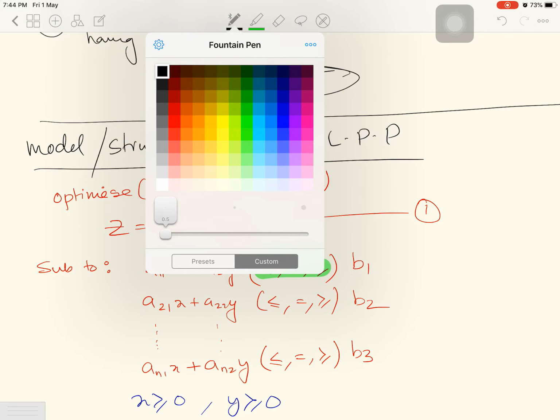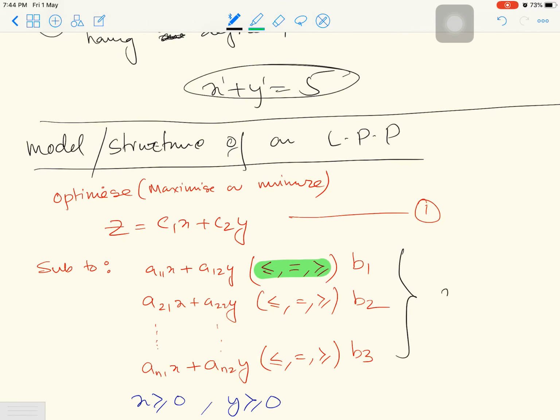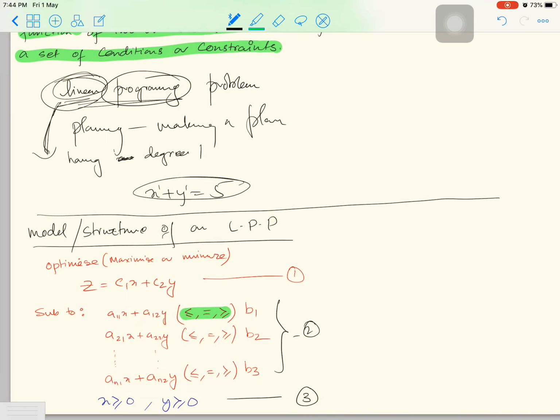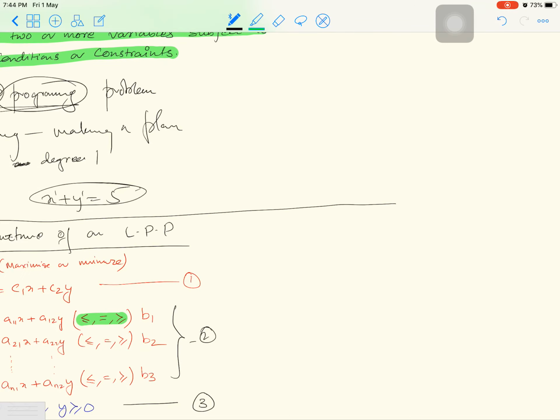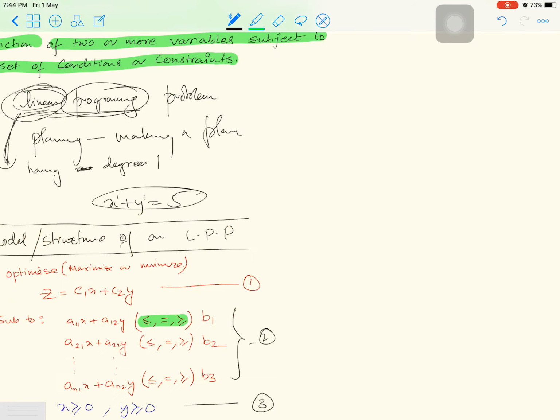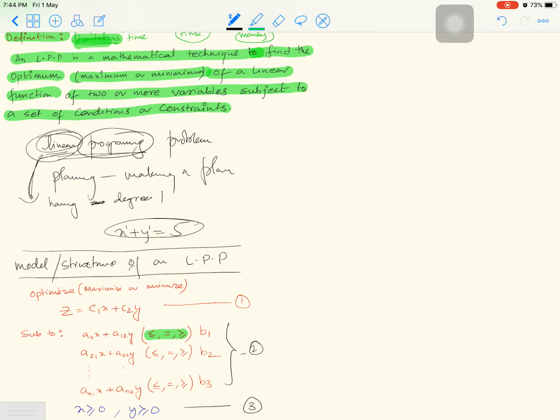So these as 2 and these as 3. Great, you see the modular structure of an LPP.